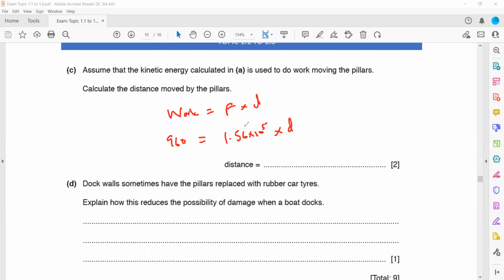So this is multiplied, on the other side it will be divided. So 960 divided by 1.56 times 10 to the power 5 gives 0.0061.